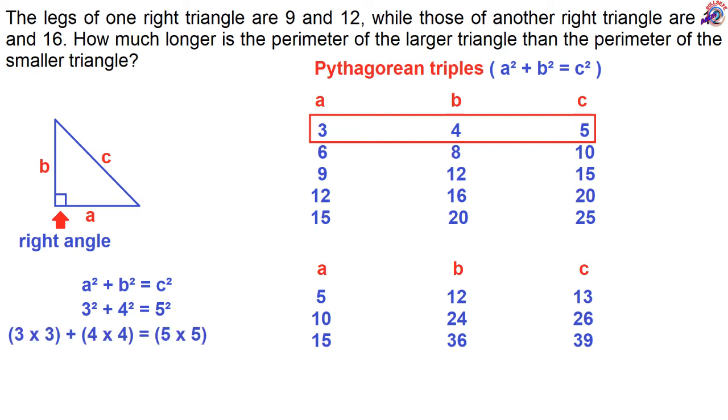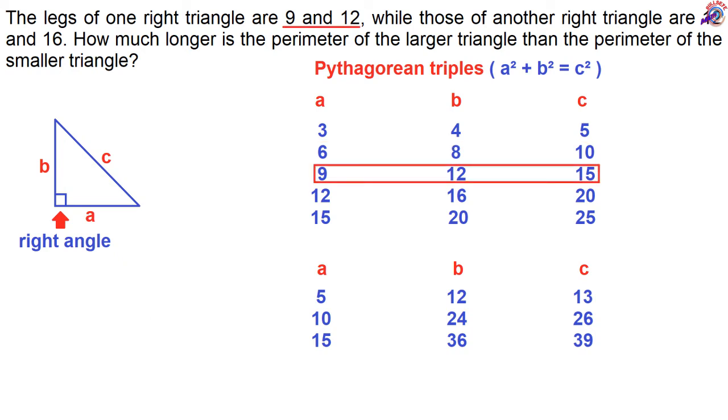So we have 3 times 3 plus 4 times 4 equals 5 times 5. That is 9 plus 16 equals 25. Adding the left side, we have 25 equals 25. You can check it with other sets of triples we have in our list.